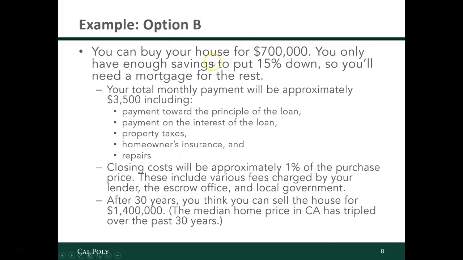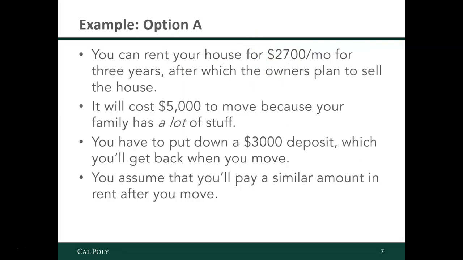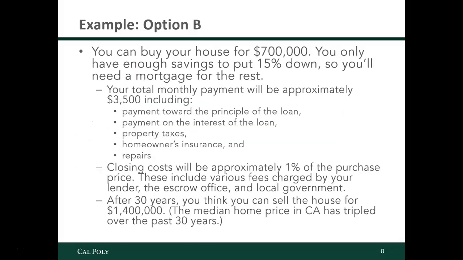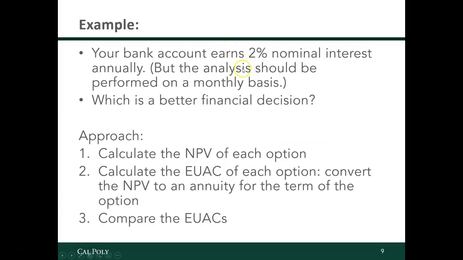Any money that you don't put into the down payment, because if you went with option A instead, you wouldn't have as much of a down payment, any of that money goes into your bank account. It's earning 2% interest annually. So that's why it's important to include this 2% as the interest rate for your problem. Which of these two options is a better financial decision when you consider that interest?